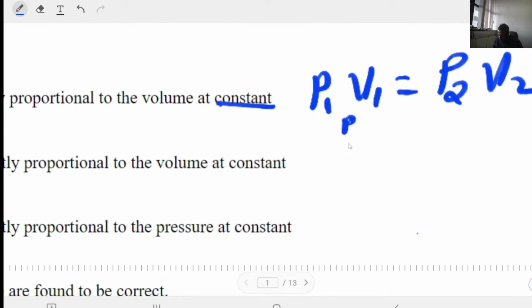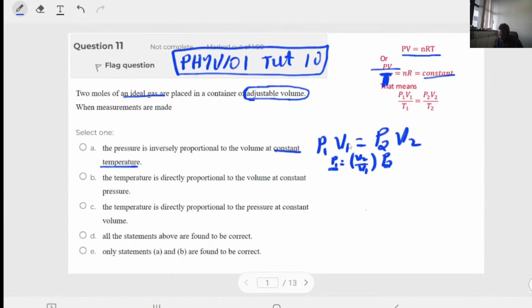If I solve for P1, for example, P1 is equal to V2 over V1 times P2. Therefore, the pressure P1 is inversely proportional to V1. Then I can easily see that this expression is true, because the pressure is inversely proportional to the volume if temperature is constant.